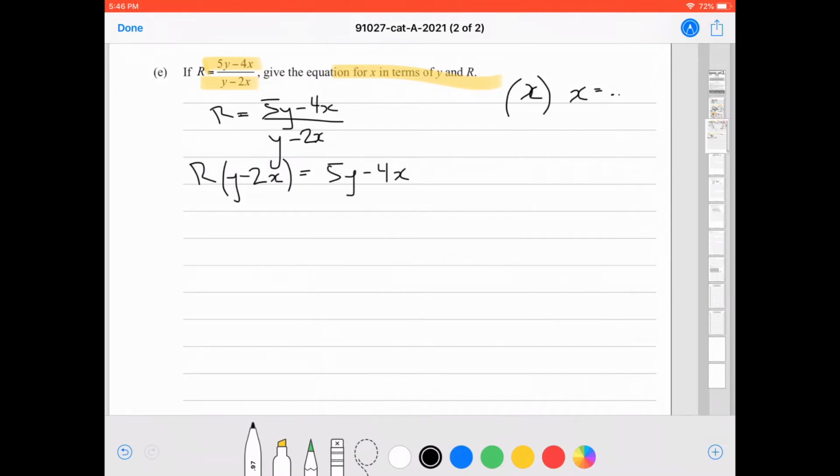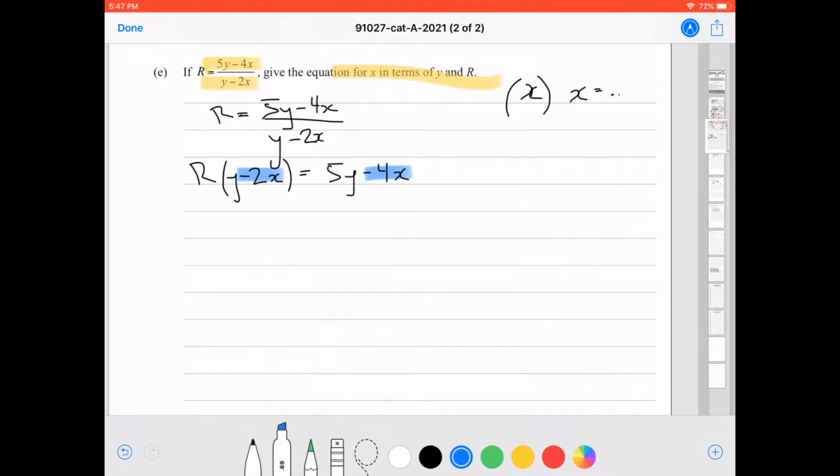Okay, so we've got rid of that fraction. We've got just a single line of working, and you'll notice that we have x's appearing twice, and if we want x to be by itself, then we're going to have to factorize at some point to get x by itself.